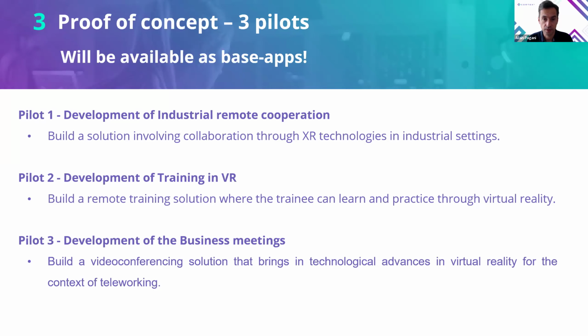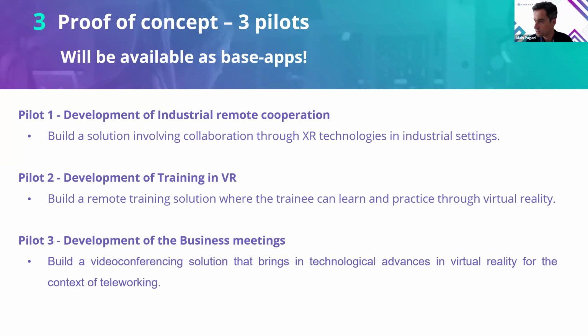So if you succeed in applying and you start to work with us, you will also get access to these pilots as base applications. This means you can take these pilots as an example, or a reduced version of the same pilot, in order to develop your own technology and see how it can integrate into the pilot.